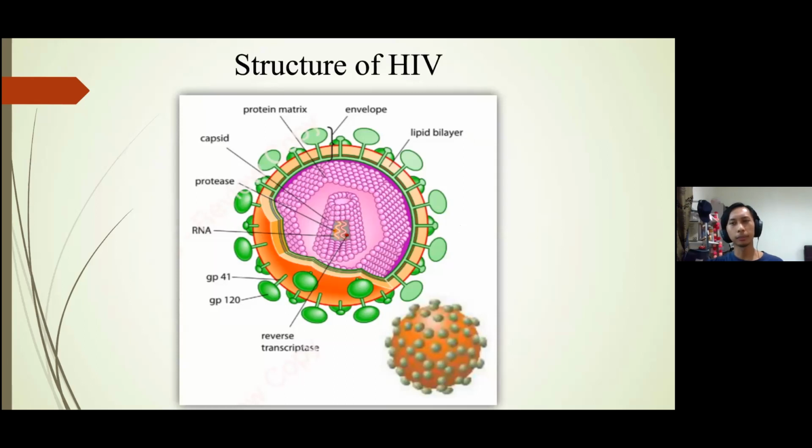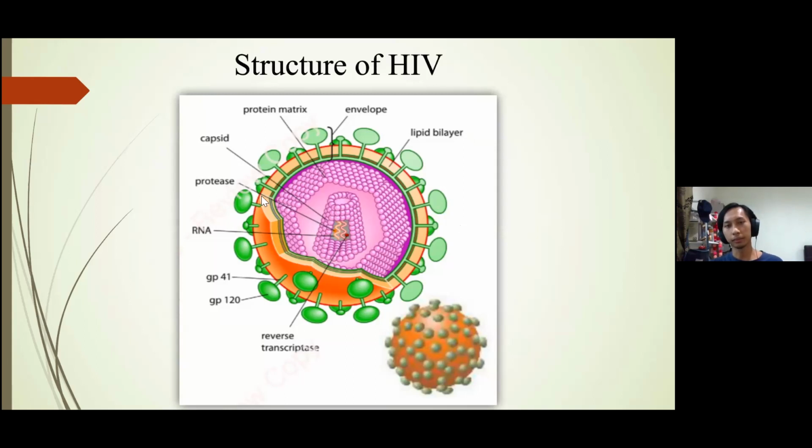The virus is made up of several components. The envelope consists of a lipid bilayer and the protein molecules GP120 and GP41, which are important to invade the T cells.